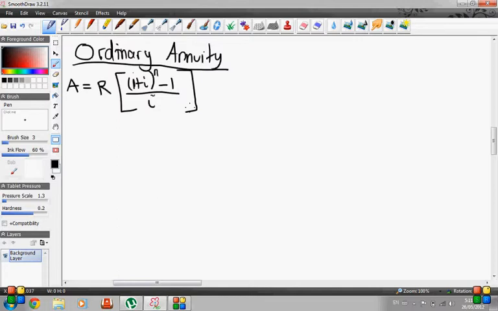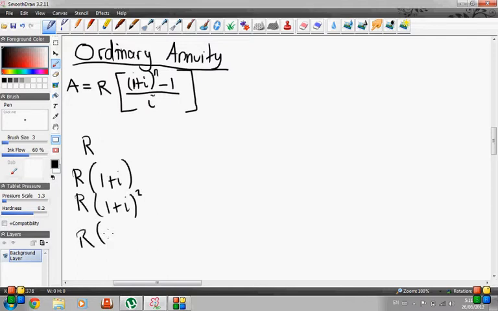To get this formula, again, the first thing we have to do is write down the amount of money you get after each period. In this case, the first return you get upon investment, let's go on a yearly basis, at the end of the first year, is R. At the end of the second year, it would be R plus the interest based on R, so R(1 + I).